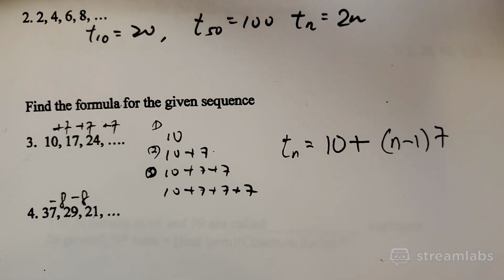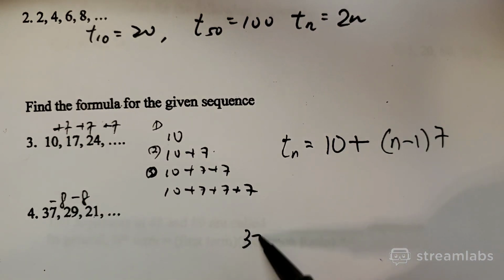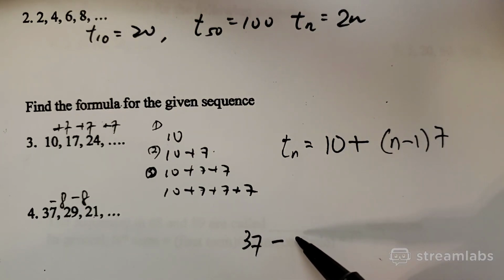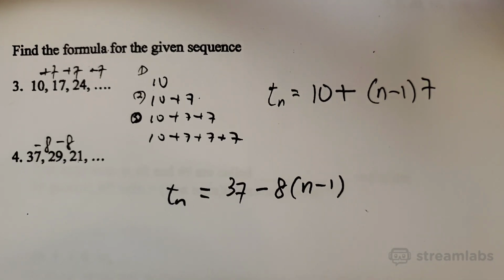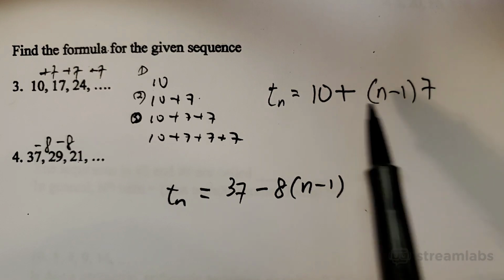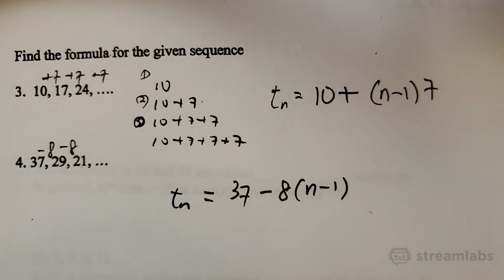So if that's the case, then we're subtracting 8, therefore your sequence will start with 37, and you're subtracting 8 n minus 1 times, and that will give you your Tn. Does that make sense, what we're doing? So it's either add one less than the term number or subtract one less than the term number. This is the pattern that we're talking about.